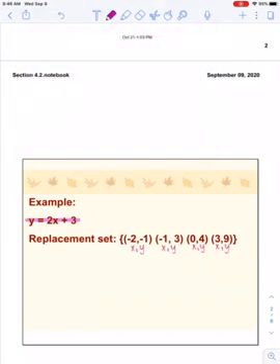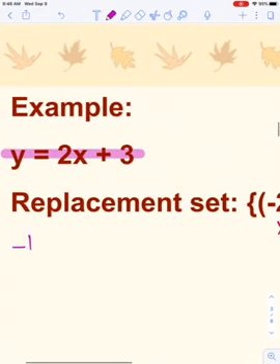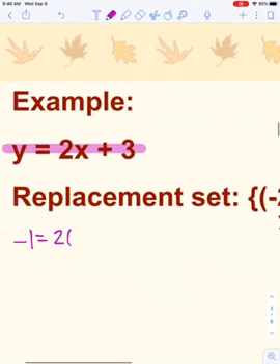Okay, so for the first one, my first ordered pair, my y is -1, so I'm going to do -1 equals 2 times my x in the first ordered pair, which is -2, plus 3. This left-hand side is already a single number, so I just leave it alone.